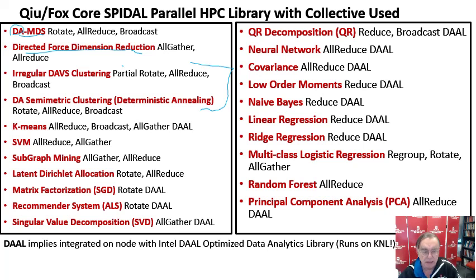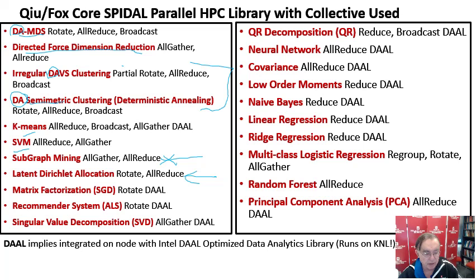Some for vector spaces, some for non-vector spaces where any distances are described. That's what symmetric means, no vector space. We have the basic KMeans. This one up here has deterministic annealing to improve it for either a non-vector or vector situation. Support vector machine. Here we have a very important graph algorithm trying to count and identify subgraphs of a particular shape. Here we have the famous topic modeling algorithm, latent Dirichlet allocation.